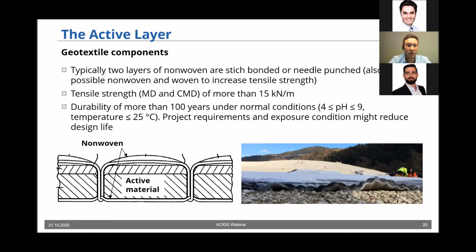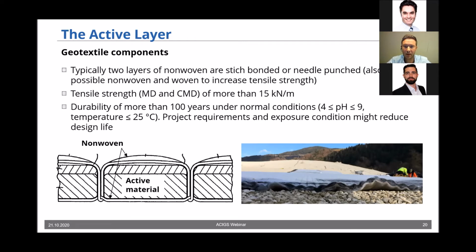Then the geotextile has a high tensile strength. We can also increase it when we use other materials, but it is normally 15 kilonewton per meter in the machine direction, so in this direction here, and also in cross machine direction here. And the durability of the geotextile is more than 100 years under normal conditions, which we have in most rivers.